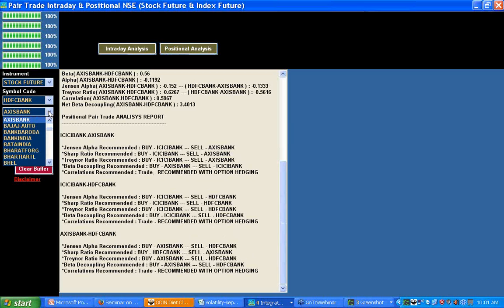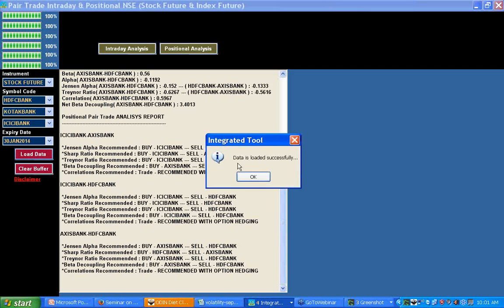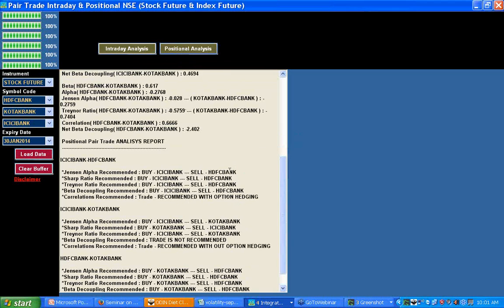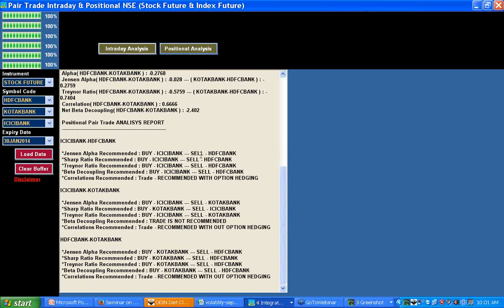So if I remove this Axis and put Kotak Mahindra Bank, I need one very concrete pair which can give me good results. All are coming with option hedging. So I may not be getting any pair without option hedging. Here Kotak and HDFC is giving me this, and ICICI.